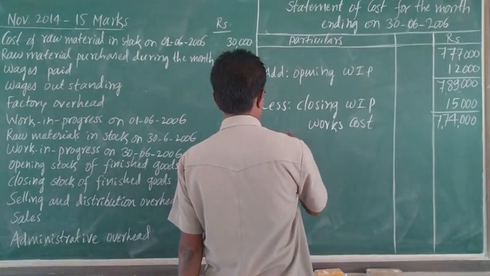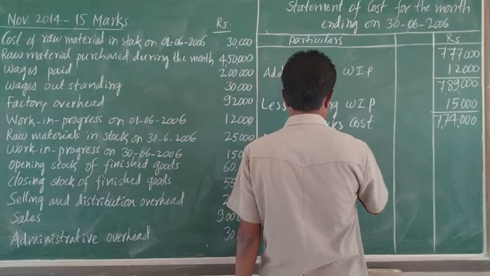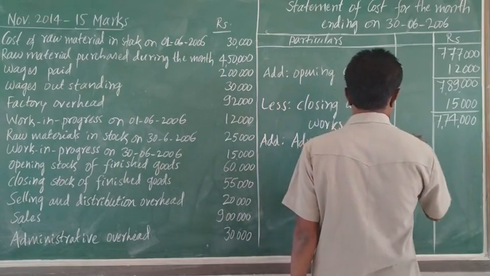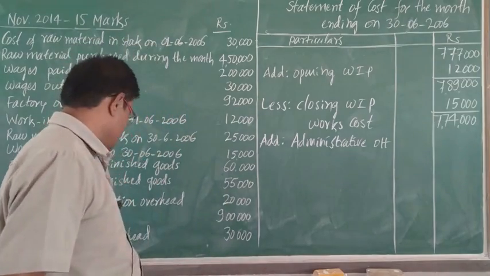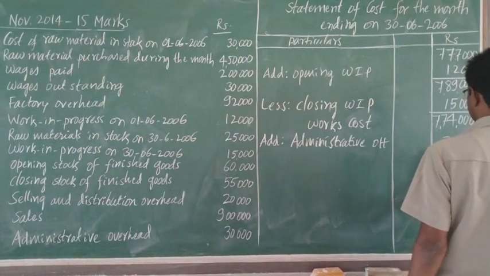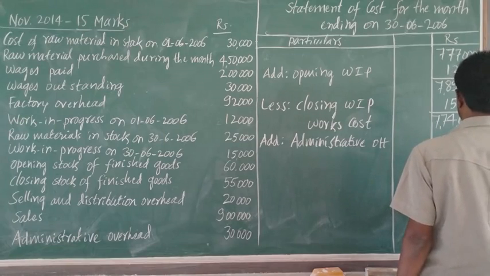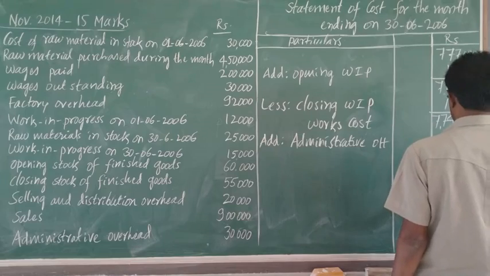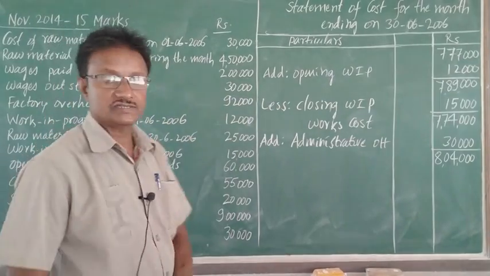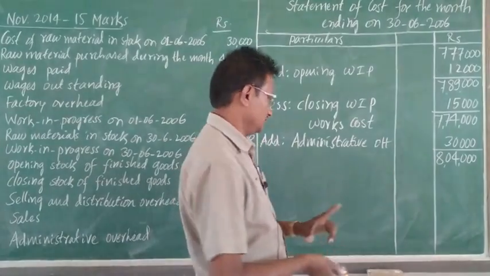So next, add administrative overhead, which becomes 8 lakh 4,000, and this is the cost of production.